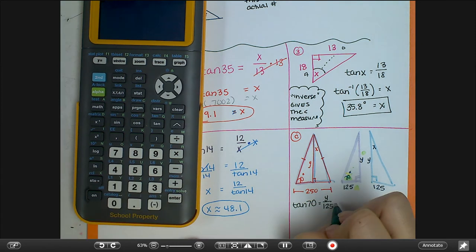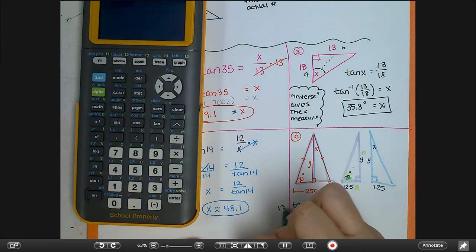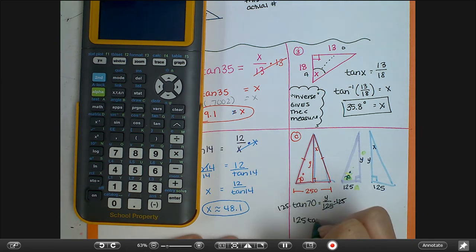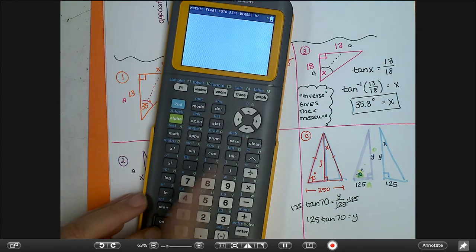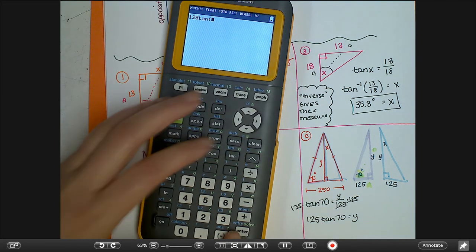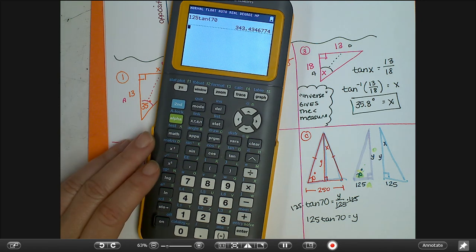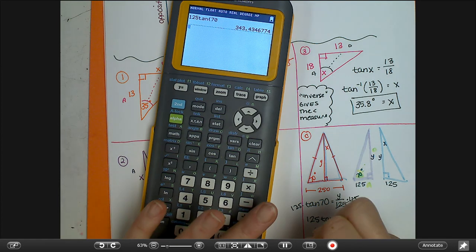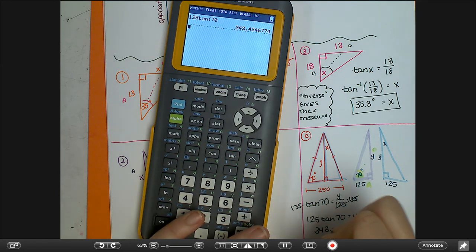All right, we solved that by multiplying both sides by the denominator. So 125 tangent 70 equals y. And we can just type that in, 125 tangent 70. 343.4. This is a very tall triangle.